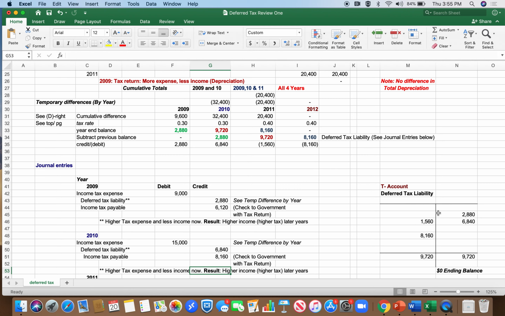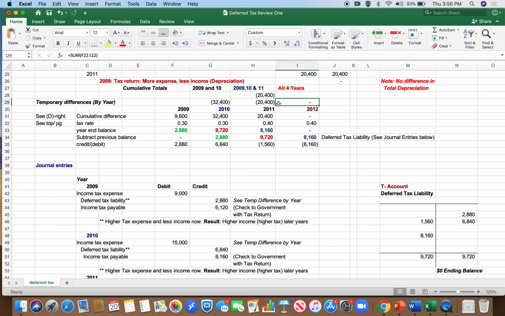So the $2,880 in the T account for deferred tax liability is a credit or liability. The check we write to the government to pay taxes today, $6,120, is less than our income tax expense by the amount of the deferred tax liability. That's the benefit, that's the real impact.